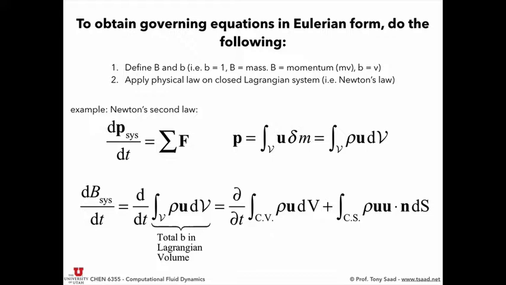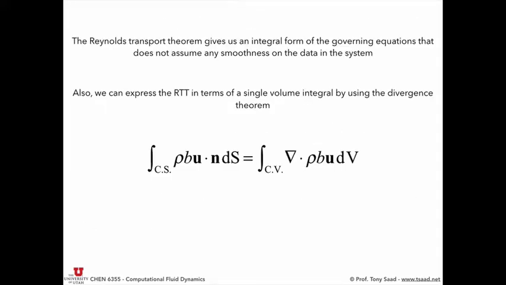Now, there's one little trick we can do. We're still just doing some elementary analysis here. We haven't started deriving equations yet. Okay? Now, there's one little trick that we can do to convert surface integrals to volume integrals, because we're going to need it eventually when we try to get rid of the integral form.